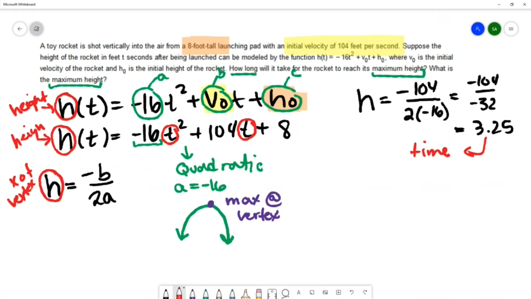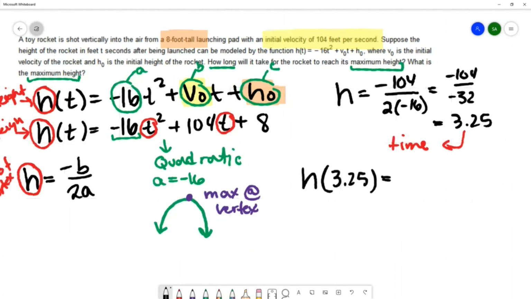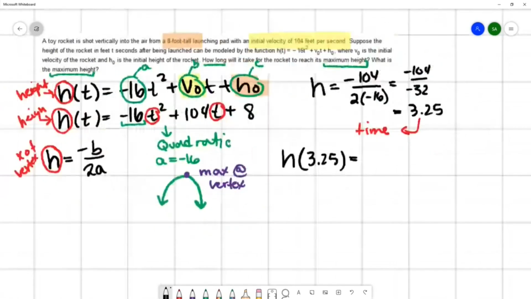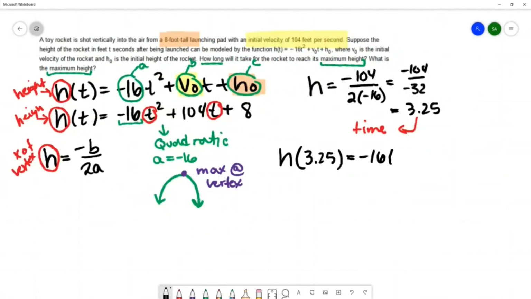And then we want to find that maximum height. So we're going to calculate h of 3.25. That's negative 16 times 3.25 squared plus 104 times 3.25 plus 8. And let's get our calculator to work that out.